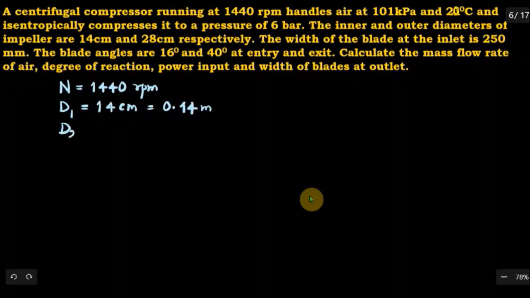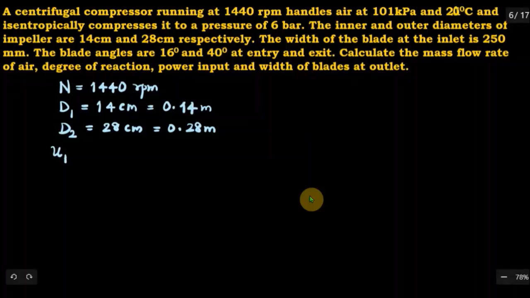Capital D2, outlet diameter of the impeller, that is 28 centimeters, that is equal to 0.28 meters. Of course, using the diameters and the RPM, you can now find out the tangential velocity of the blade or impeller at inlet and outlet. So U1 and U2, the peripheral speed of the impeller.